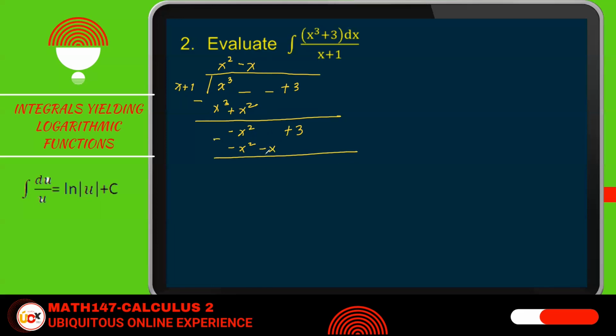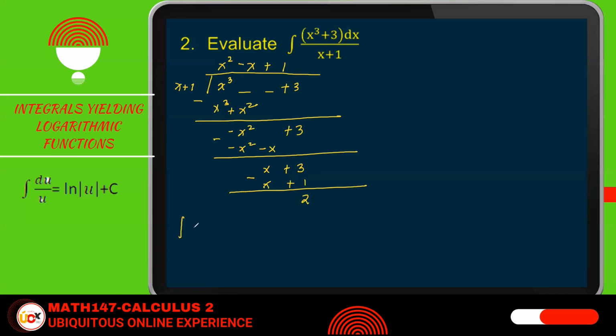Then this becomes 0 minus negative x, which is positive x plus 3. Then divide again: x divided by x is 1, so you have plus 1. Multiply: 1 times x is x, and 1 times 1 is positive 1. Then subtract. This is 0, and 3 minus 1 is 2. So this is the quotient.